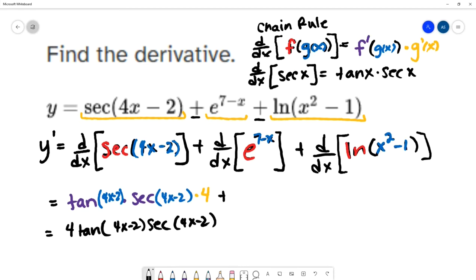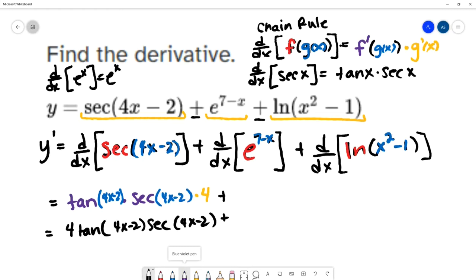So we'll do the same thing with the next term. We're calculating the derivative of e to the 7 minus x. So because we have a composition, we're going to follow the chain rule, and we need to calculate the derivative on the outside function. So our outside function is e. Our derivative rule for e, the derivative of e to the x, is e to the x.